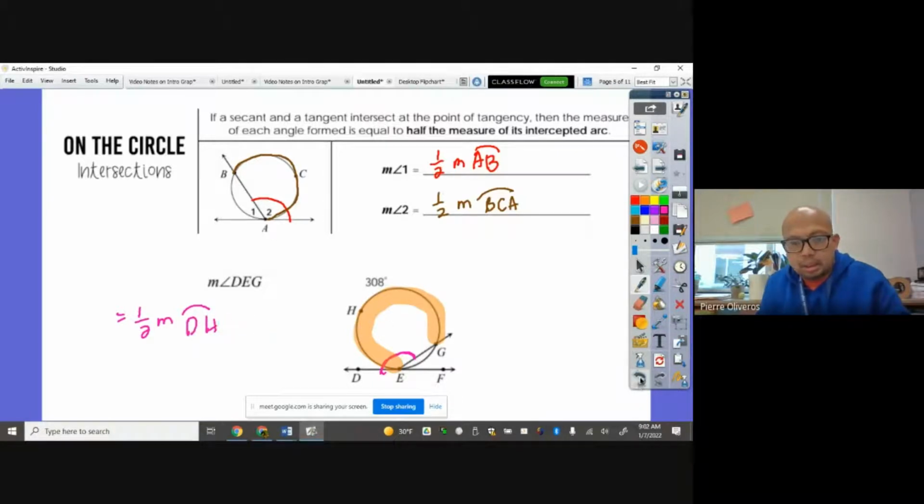That's not D, I'm wrong. It's EHG. That will give you the angle DEG. So half of 308, which is 308 divided by 2, is 154. Kaboom.